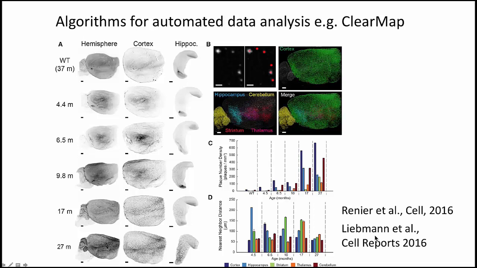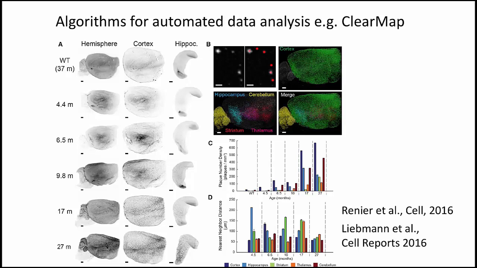Nicolas Renier in the Tessier-Lavigne group, who also published the original iDisco paper combining the 3Disco method with immunostaining to do whole brain immunolabeling in adult mouse, recently published this new work, iDisco Plus, where they describe a method called ClearMap.